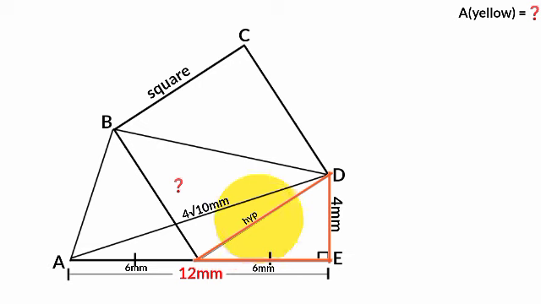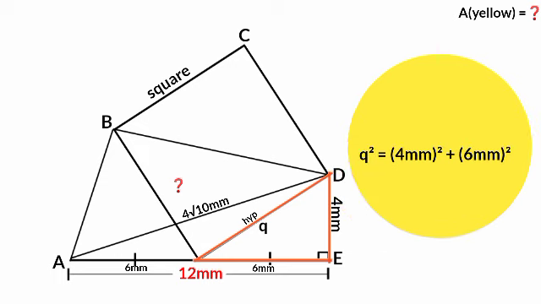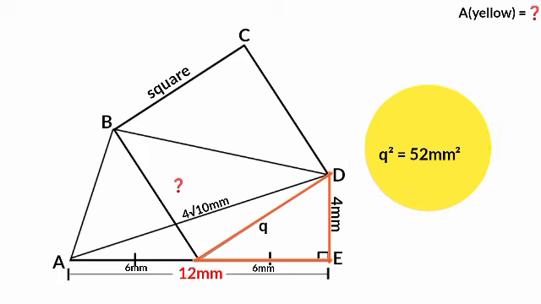Assuming the length of this side is Q, Q squared equals 4 millimeters all squared plus 6 millimeters all squared. 4 millimeters all squared is 16 millimeters squared, and 6 millimeters all squared is 36 millimeters squared. 16 plus 36 is 52 millimeters squared. So Q squared equals 52 millimeters squared.